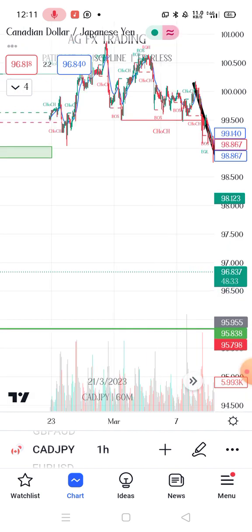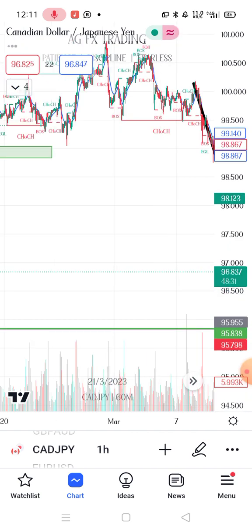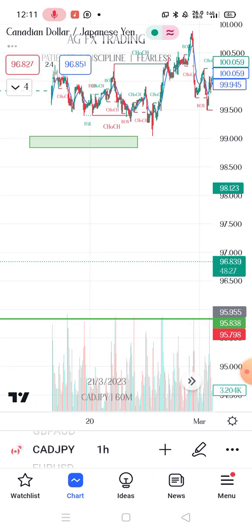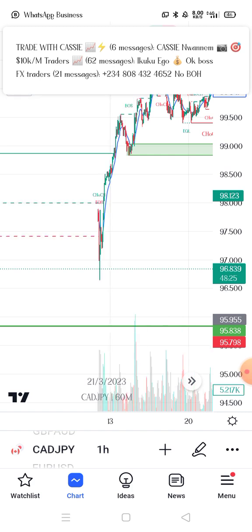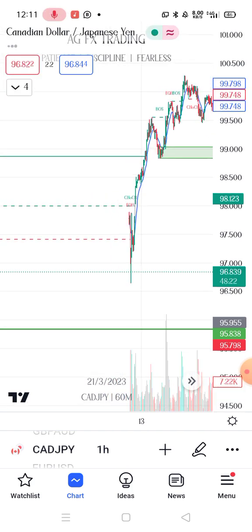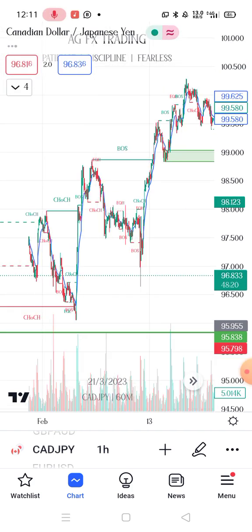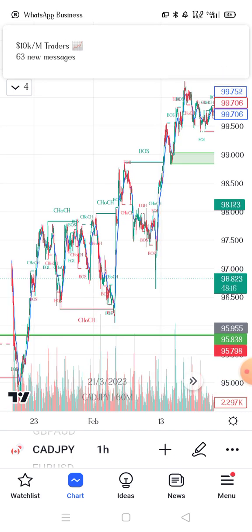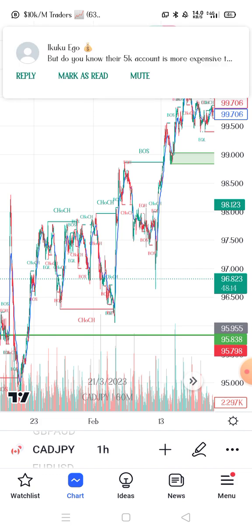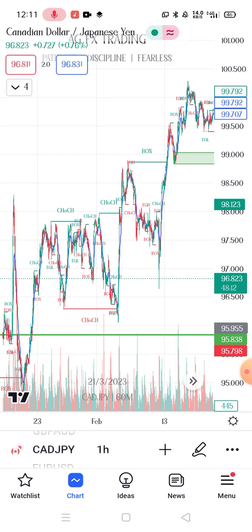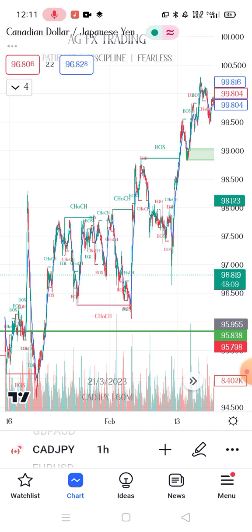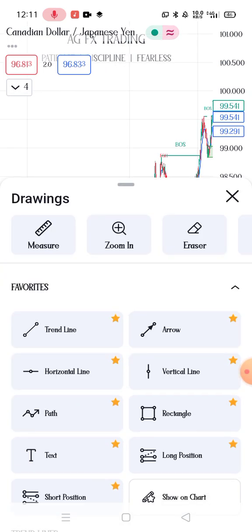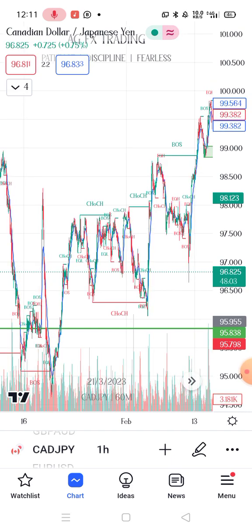Then now let's search for an uptrend. All right, this is an uptrend.